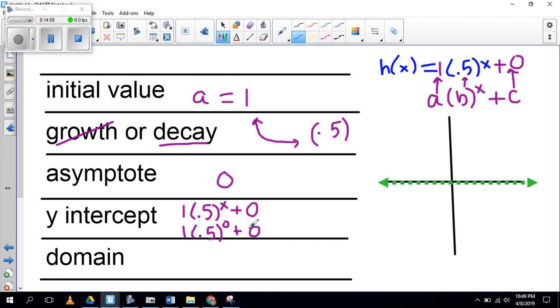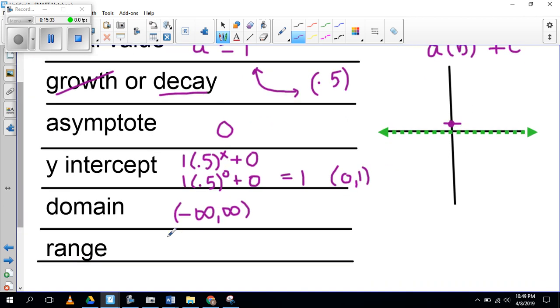So ultimately I'm going to get 1 if you plug that into your calculator. So my y-intercept, remember, we have to write 0, 1. Okay? So now that tells me don't go left or right any, but go up 1. So here's up 1, and I'm going to draw my dot because this is my y-intercept. Okay? My domain is the same, all real numbers or negative infinity to positive infinity.